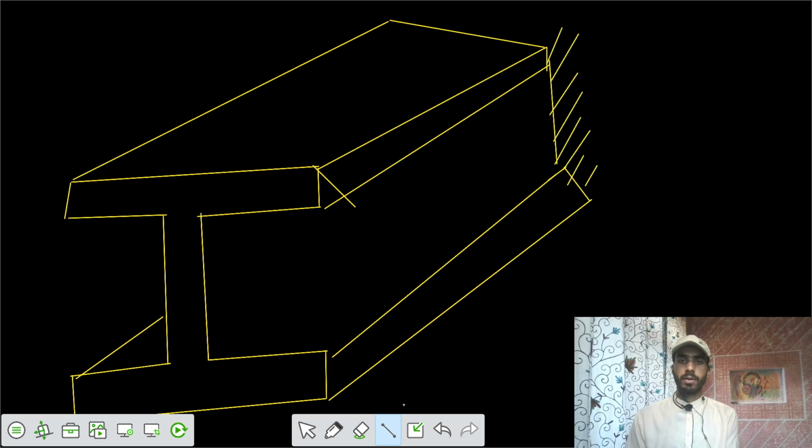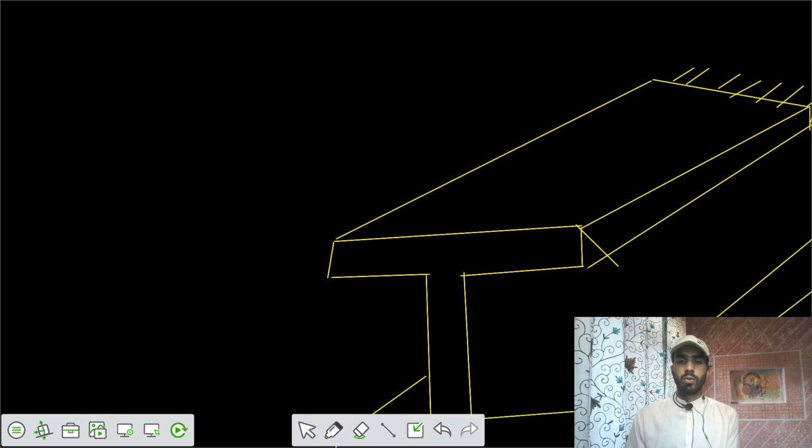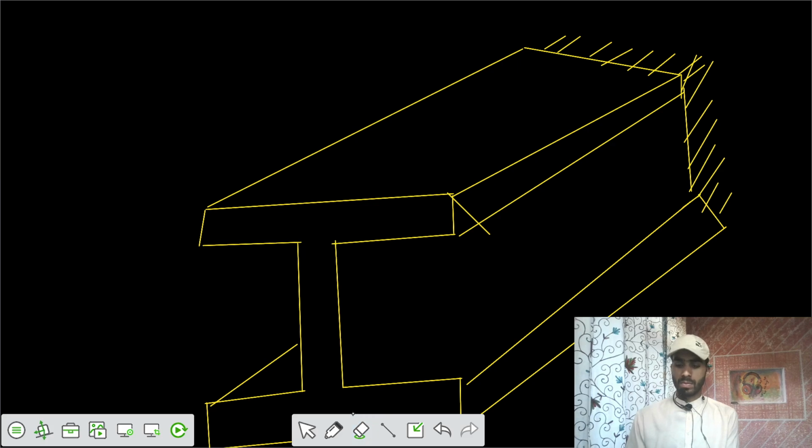Let's say this is fixed from this side. Now you are applying a load of 10 kilonewton. Let's make the line diagram first. So you have a point load of 10 kilonewton on a 2-meter beam.